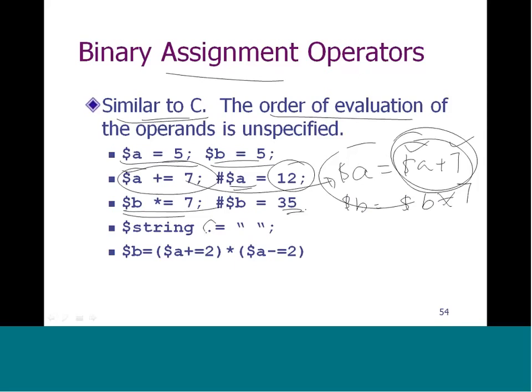And then there's also this concatenation operation, which can also be a binary assignment. A lot of people use this shortcut for binary assignment, where they say $string equal to days, and then say $string dot equal to of life.